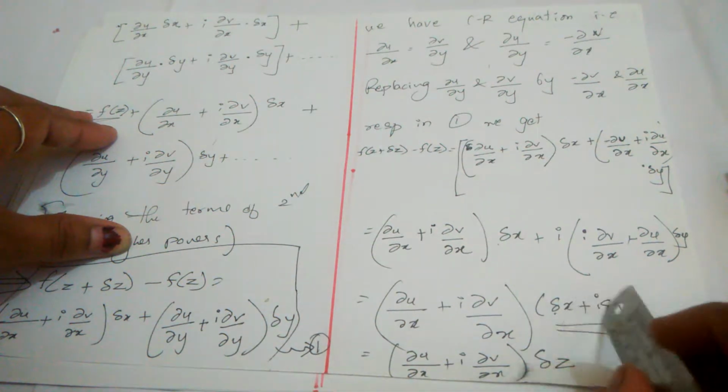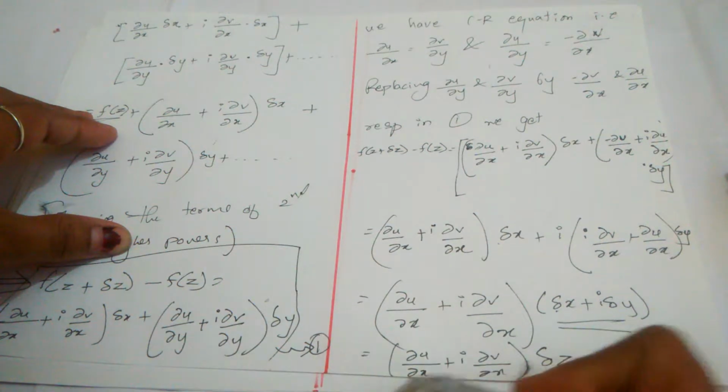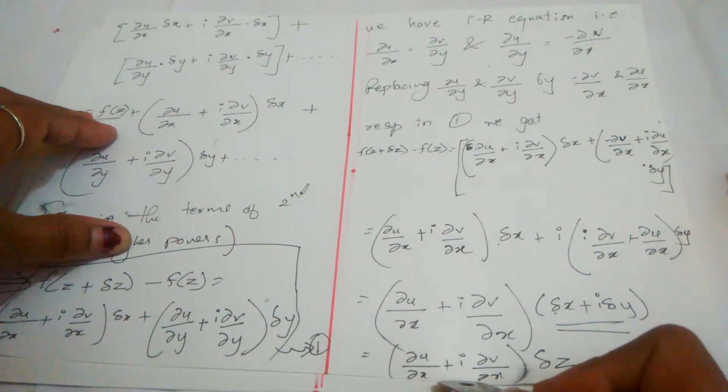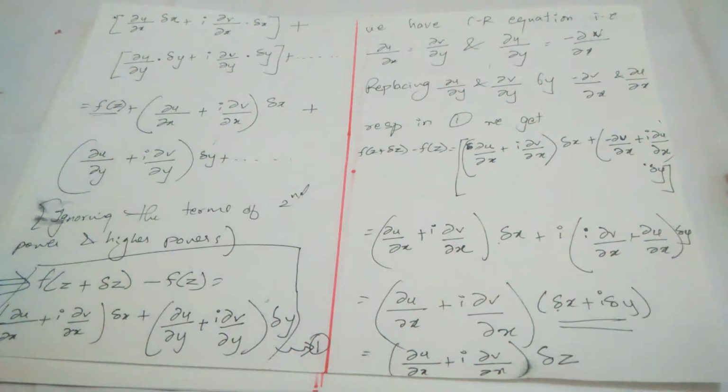Similarly, this term is what? The Δz. So Δu/Δx plus i Δv/Δx will give me Δz. Okay, so our next substitution, that Δz we will be taking to the LHS and we'll solve the further equation.